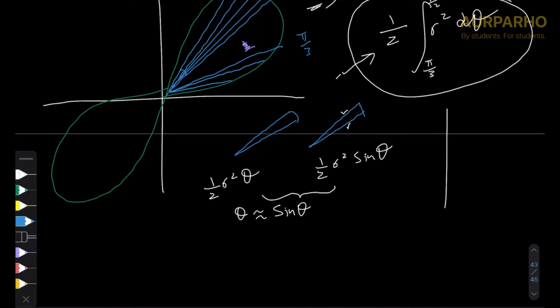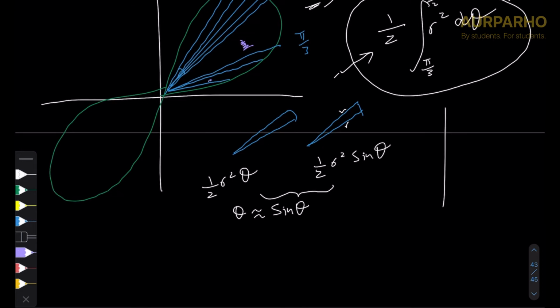First I sum up the area of all these small sectors till pi over 3. And then I do the same for the sectors till pi over 2. And then I subtract the red portion from the purple portion to eventually get our desired area, right?